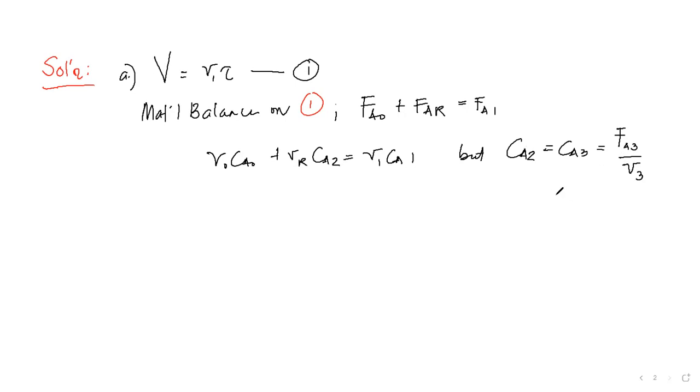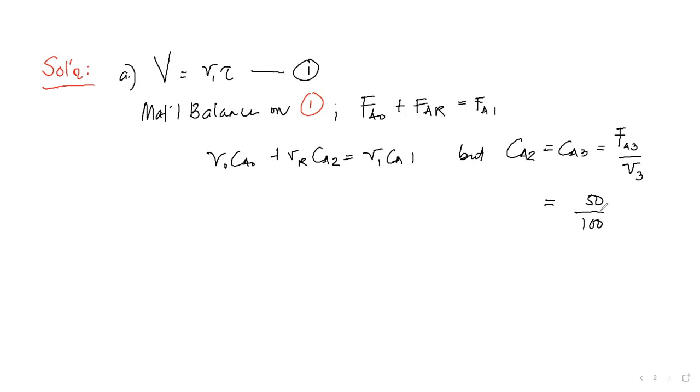If we substitute values, this would be equal to 50 over 100. Our FA3 is the unreacted moles of A leaving the mixed flow reactor, divided by the volumetric flow rate.